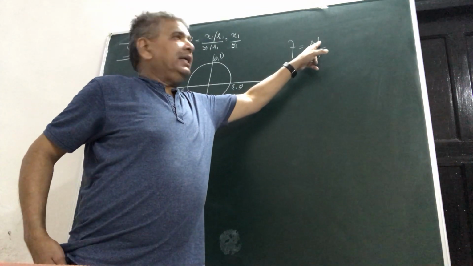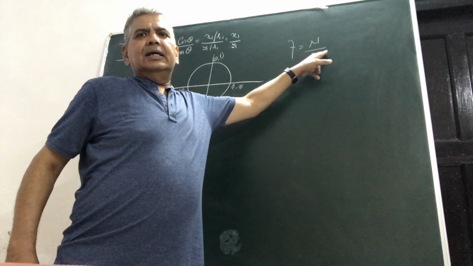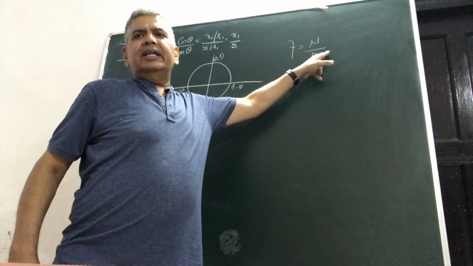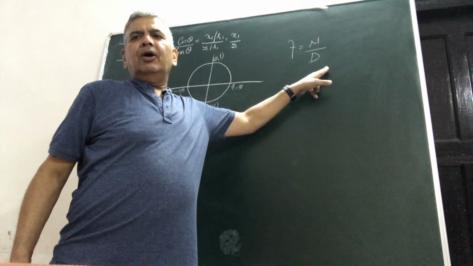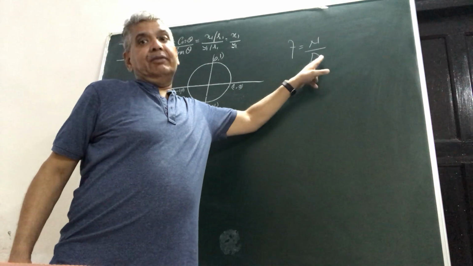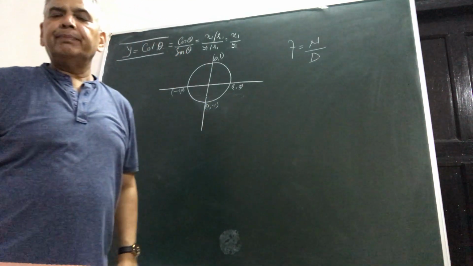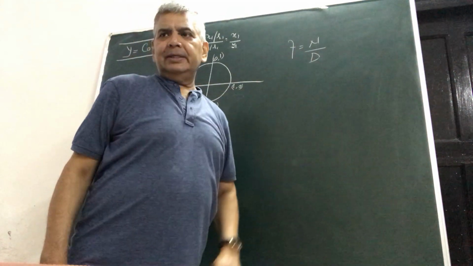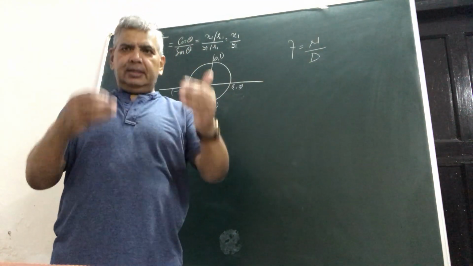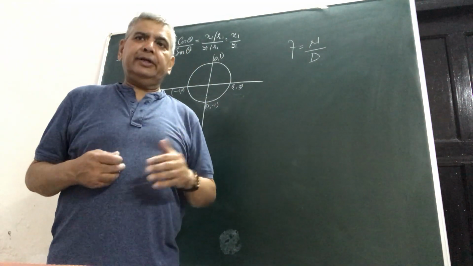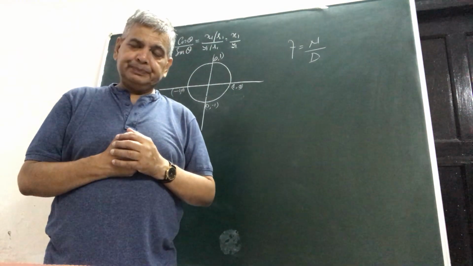Suppose both are increasing, then we have to look at whether the increase in the numerator is more dominant than the increase in the denominator. If it is so, then the value will increase. If it is the other way around, then the value will decrease. Likewise, if both are decreasing, then again we have to see which of them is dominant as far as the rate of reduction is concerned.